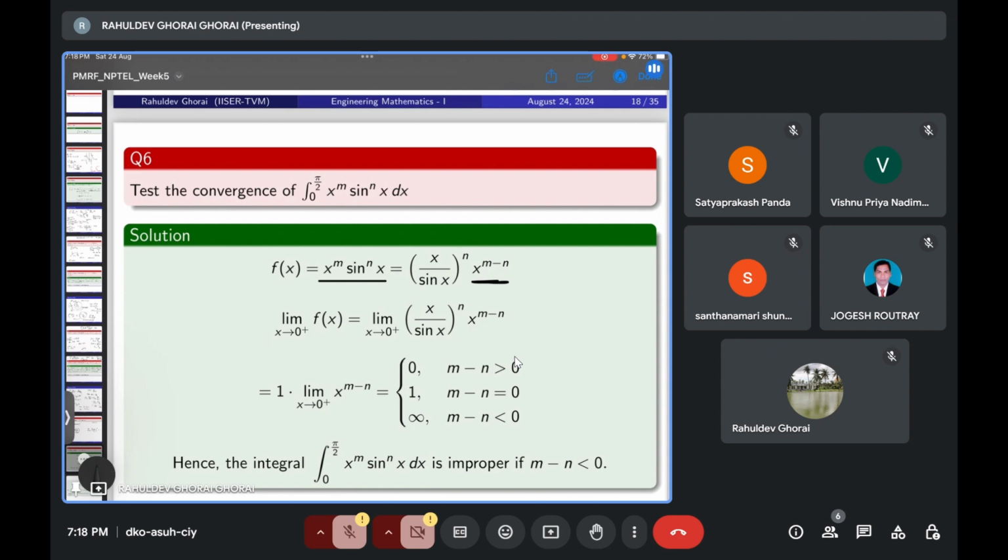You cannot write like this. I think there is a typo. I'll just check your assignment questions, whether this question is like this or it is different. Please give me 1 or 2 minutes. Okay, I'll just check.